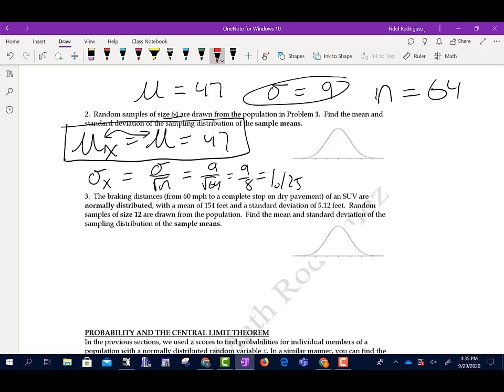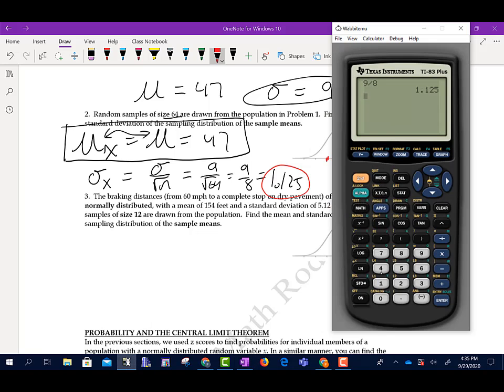What that tells me is that my mean is 47. If I'm going to add 1.125, this would be 48.125. This one here would be 49.250, right? This one here would be, what's 47 minus 1.125? 45.875.